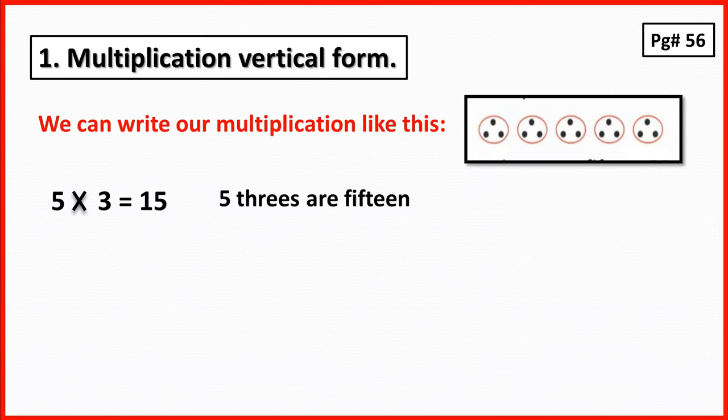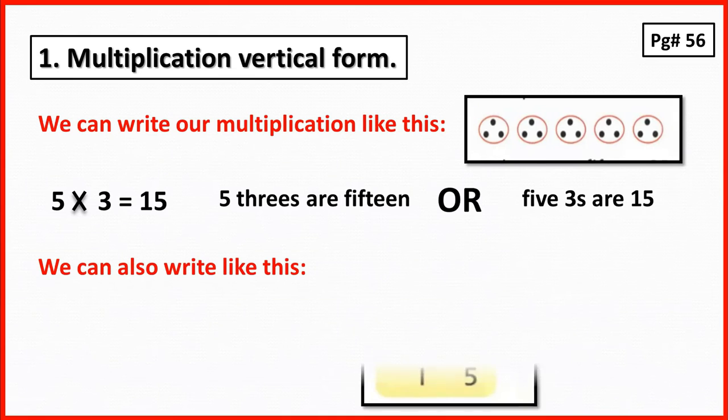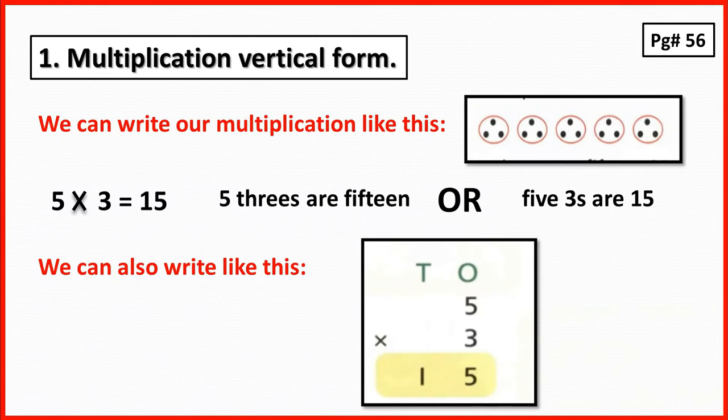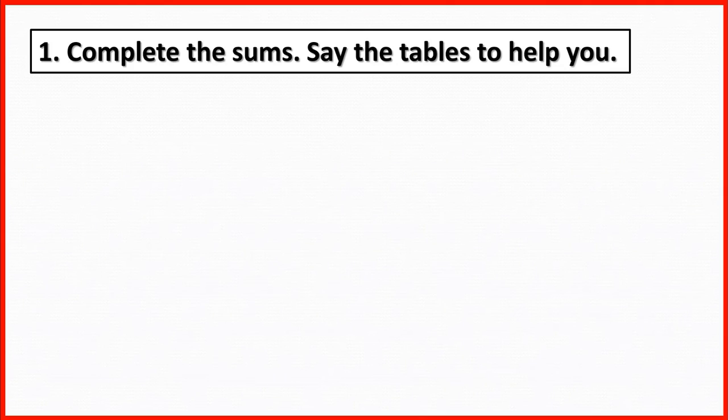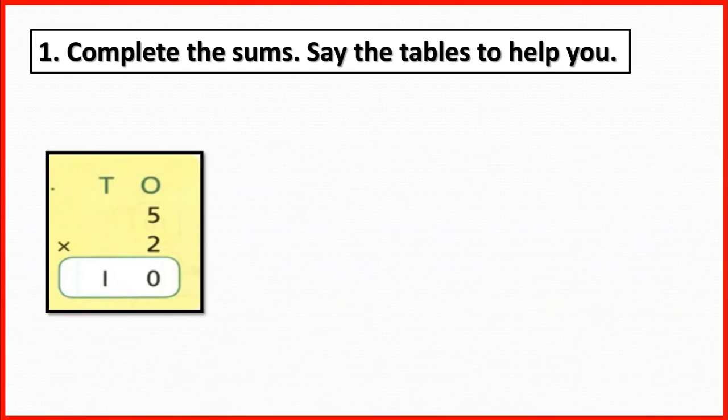We can also write like this in vertical form. 5 3s are 15. Now I'm going to do question number 1 of page number 56. Complete the sums. Say the tables to help you. So let's start. One has been done for you.